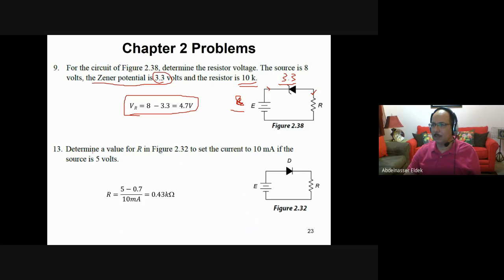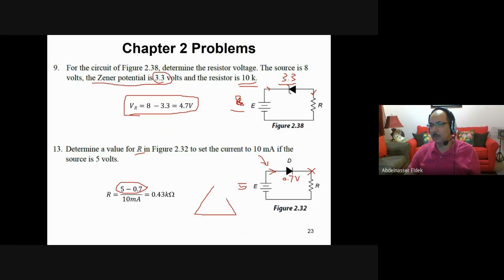Next one, I believe that maybe this is the last one. We need to find the value of resistance. We don't know R. The current here is 10 milliampere, and the voltage is 5 volt. We know that the voltage across the diode is 0.7 volt because it is forward biased. Then the voltage across the resistor is 5 minus 0.7.